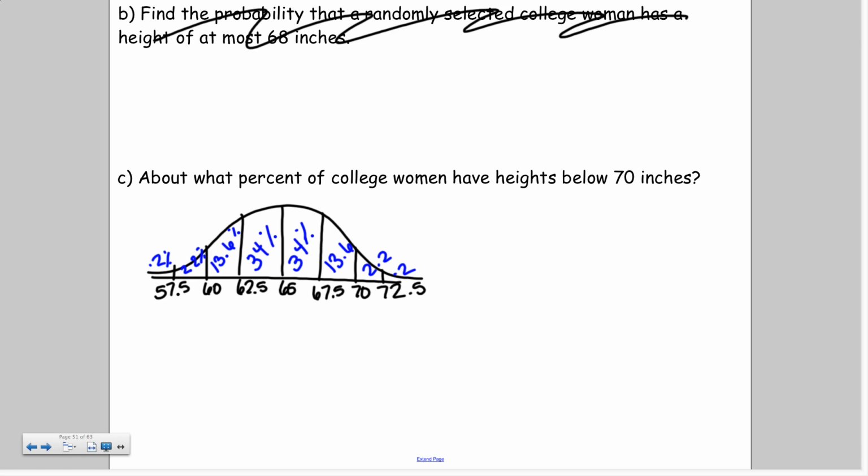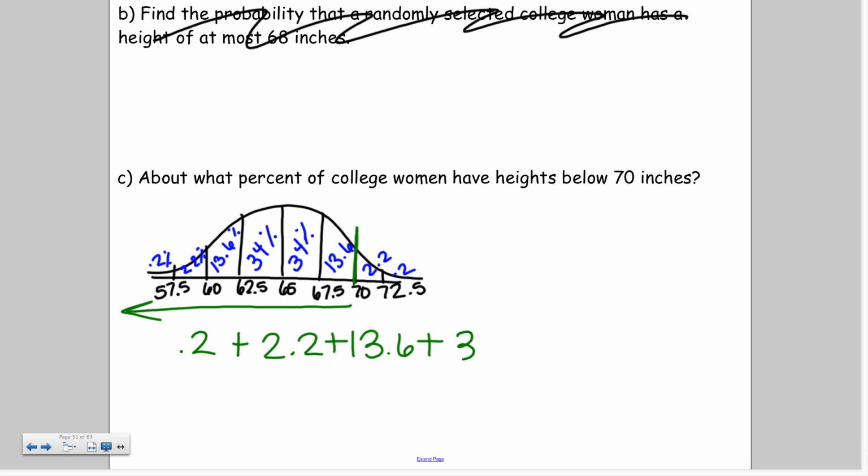So it says, what percent of college women have heights below 70? So that means from here down. It's asking for our percentage. Well, guess what? It's already set up in percentage form, so all we have to do is 0.2 plus 2.2 plus 13.6 plus 34 plus 34 plus 13.6.